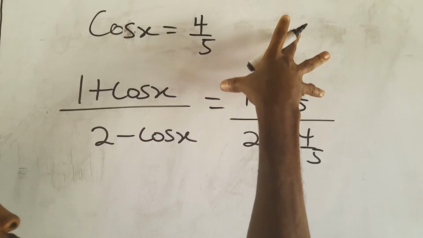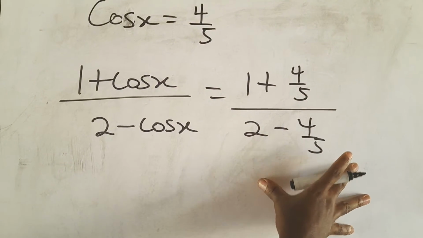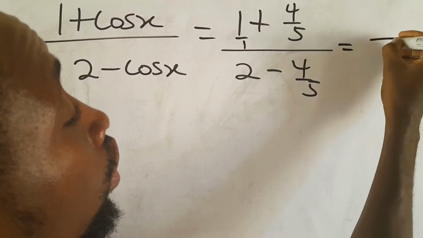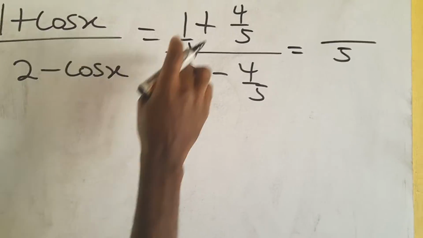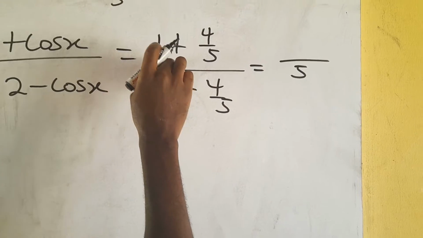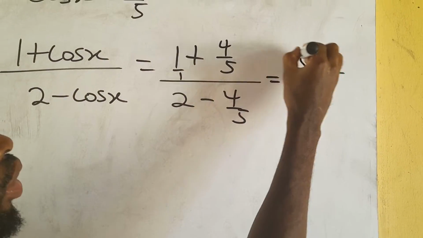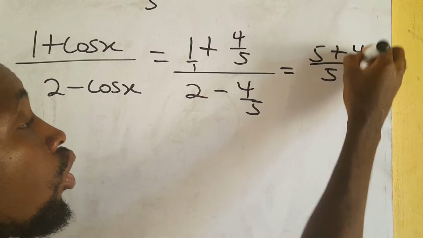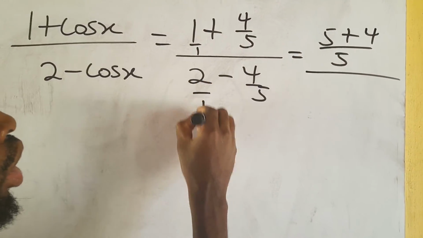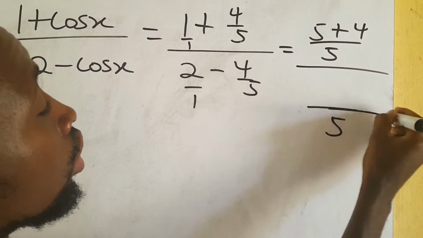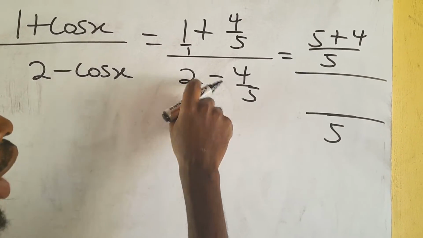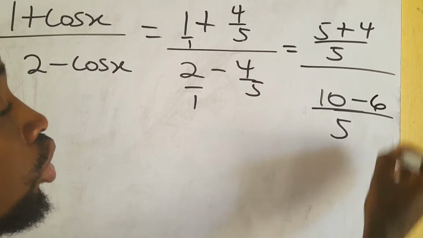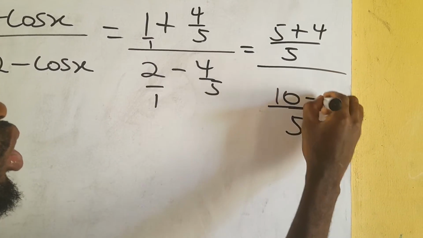So we simplify the numerator, simplify the denominator. So we can say this is over 1. So we have the LCM to be 5. 5 divided by 1 is 5 times 2 will be 10, and 5 divided by 5 is 1 times 4 will be 4, so minus 4.